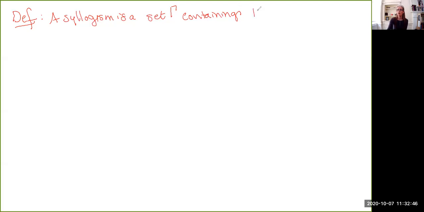So we define a syllogism as follows. So a syllogism is a set gamma, so you might remember that from the notation video where we talked about the Greek alphabets, and the video on set theory where we introduced the notion of a set. A syllogism is a set gamma that contains two categorical propositions, but not just any two.